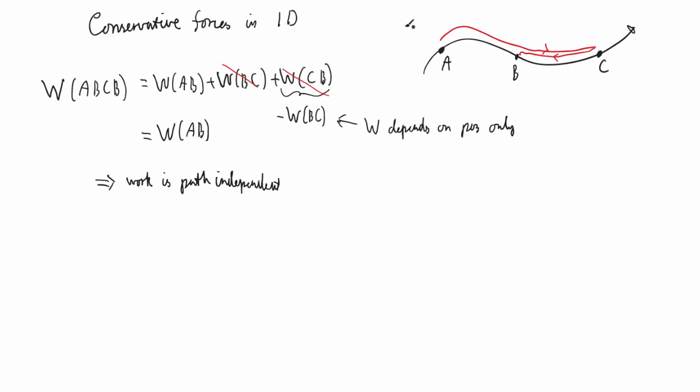In other words, in one dimension, if work depends only on position, then it is path independent. And you can show that it works the other way around too. If it's path independent, then the work depends only on position.